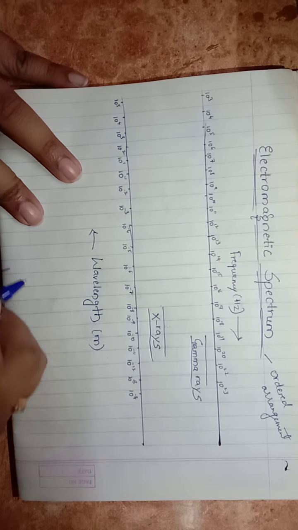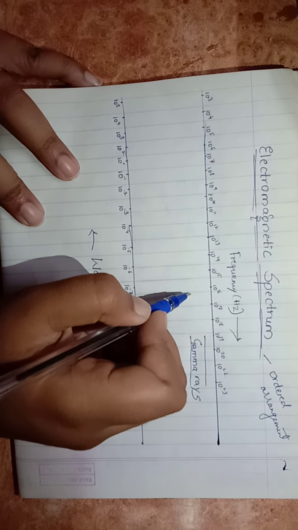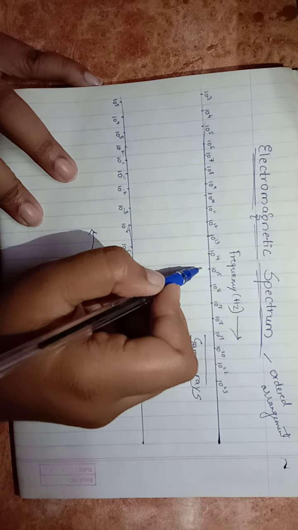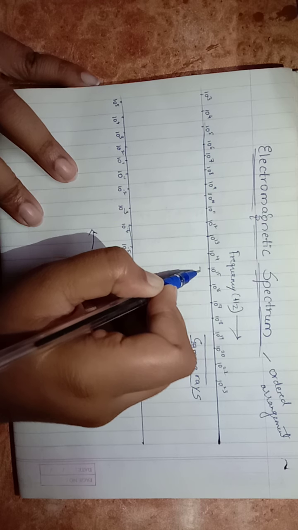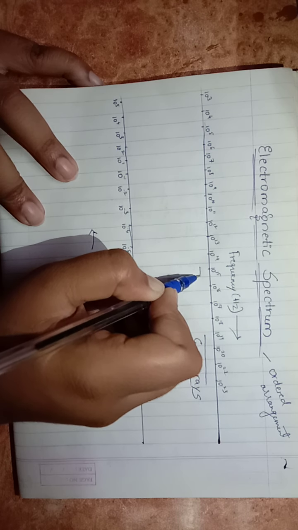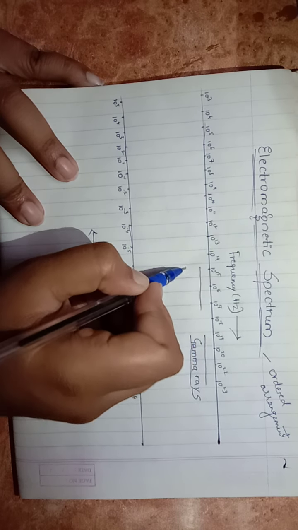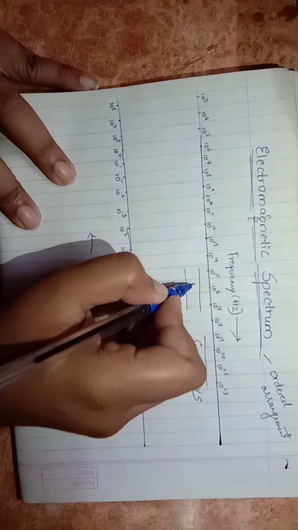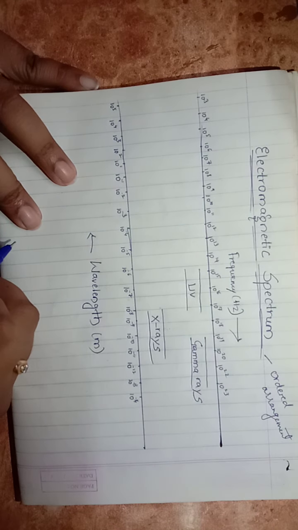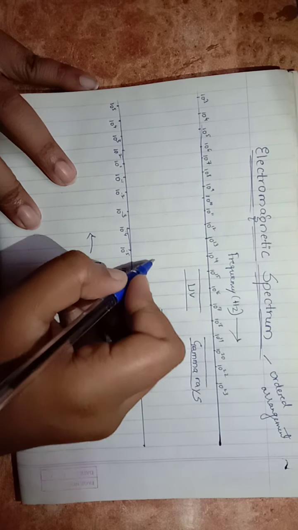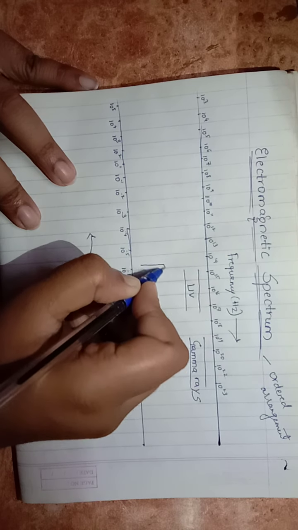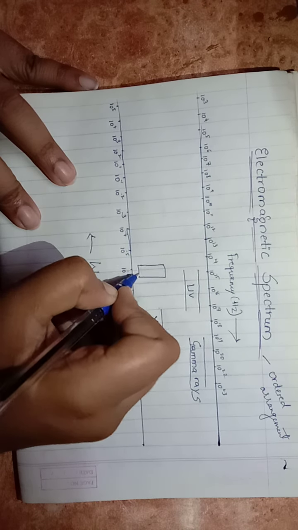Next, continuing here from 15 to about 17, I will write the ultraviolet UV rays, and here I will write the visible light.